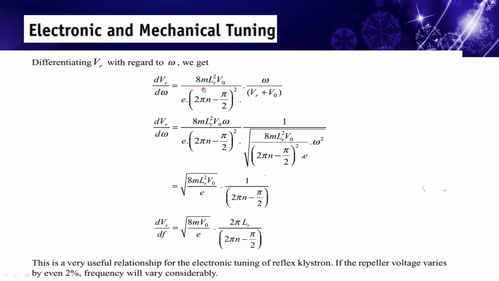Already this treatment is completed in the previous class: 8mL²V0 / (e(2πn − π/2)²) times ω / (VR + V0). So we know that ω/(VR + V0) equals 1 divided by the square root of 8mL²V0 / ((2πn − π/2)² e ω²).